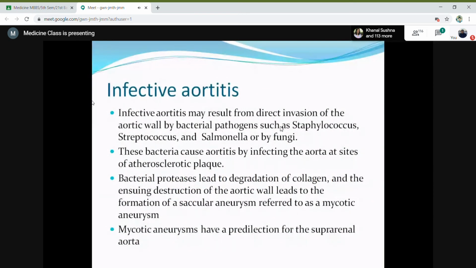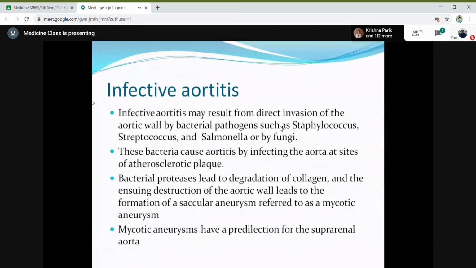The other one is infective aortitis. Infective aortitis may result from direct invasion of the aortic wall by bacterial pathogens, Staphylococcus, Streptococcus, Salmonella, and sometimes by fungi. These bacteria cause aortitis by infecting the aorta at the site of an atherosclerotic plaque.